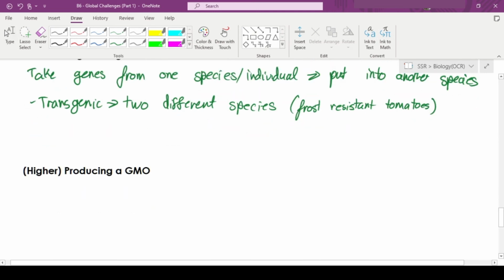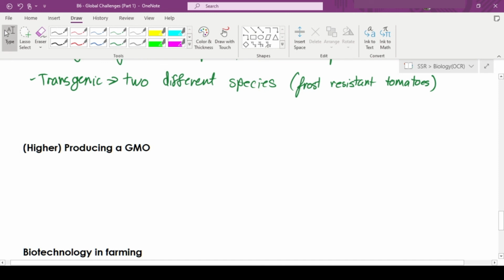If you are on the higher syllabus, you need to know how we produce these genetically modified organisms, and it is something that we have looked at before. Usually, we're going to use either a virus or a bacteria in order to move the gene, so a vector here.